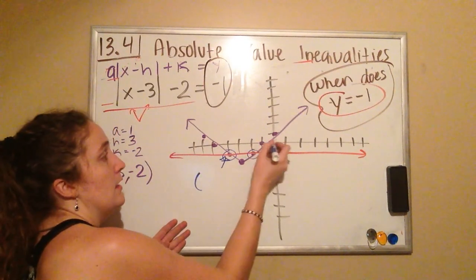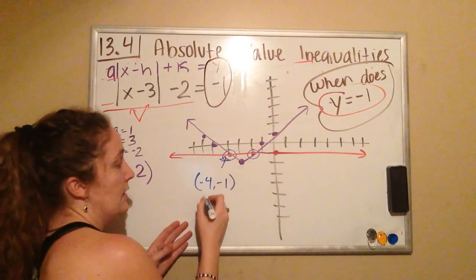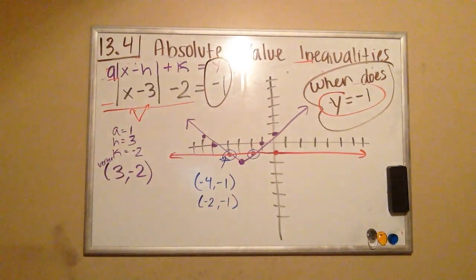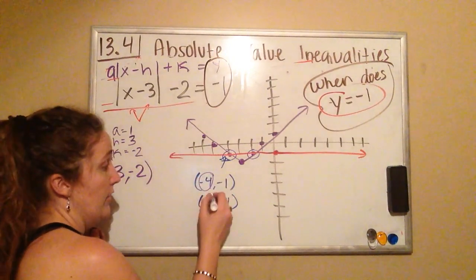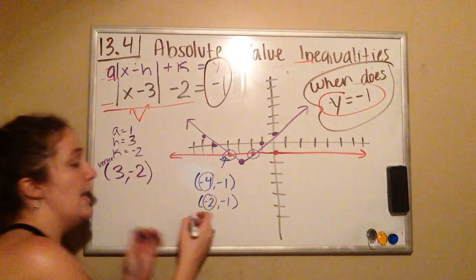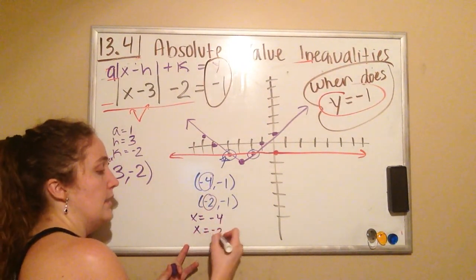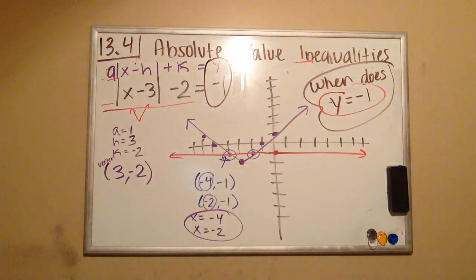This is -4, -1. This is -2, -1. So our solutions are these x values. Our solutions would be x is equal to -4 and or x is equal to -2. Those are our solutions, or where it crosses.